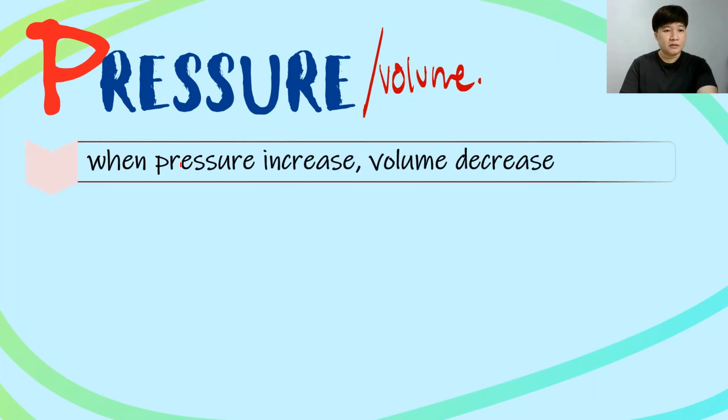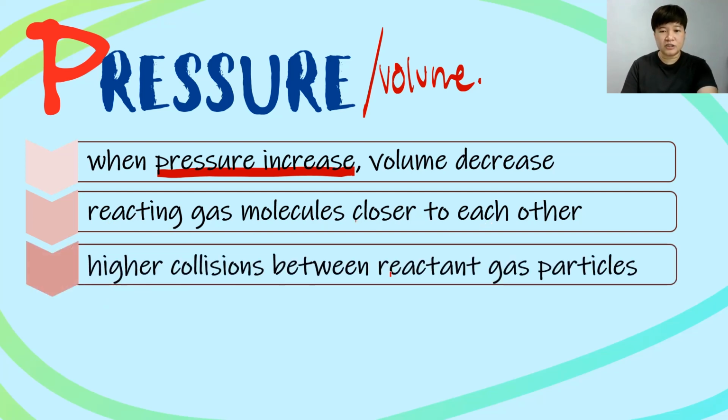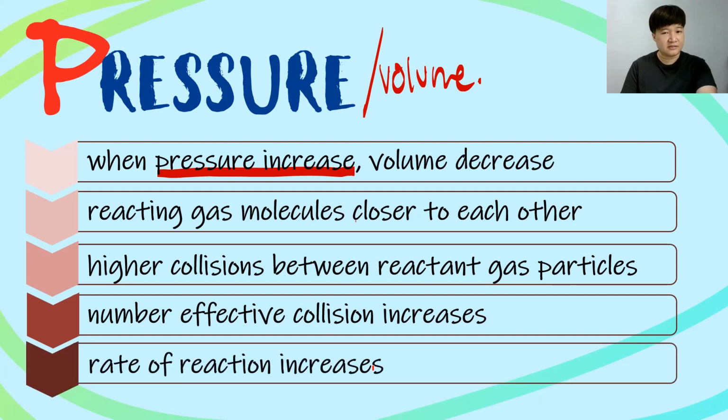When the pressure increases, volume decreases. Reacting particles will be closer to each other. Higher collision between the reacting gas particles. Number of effective collisions increases. As a result, your rate of reaction increases.